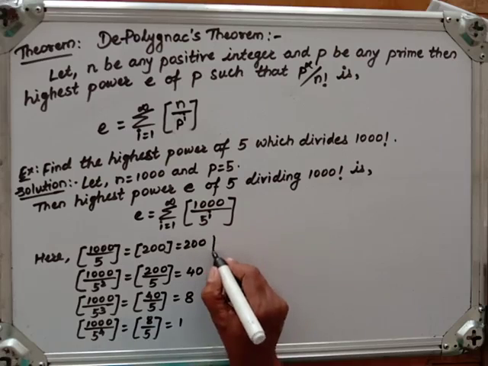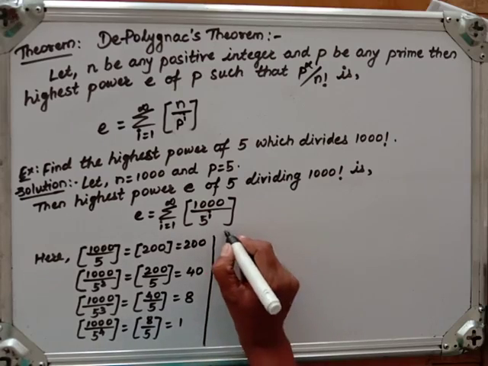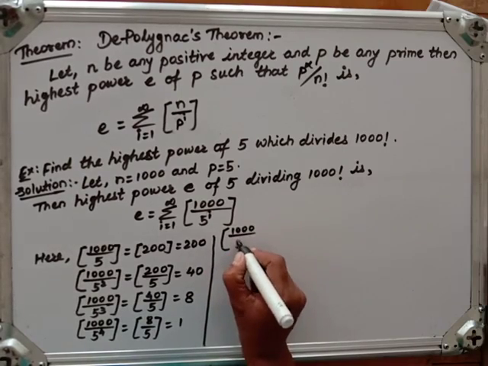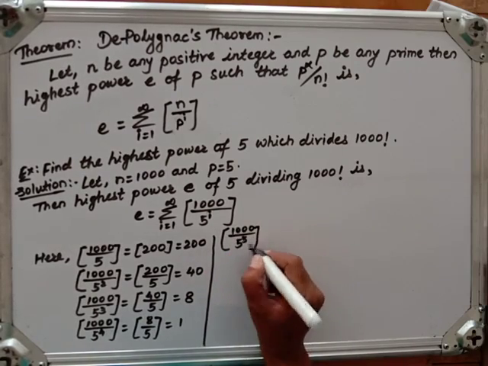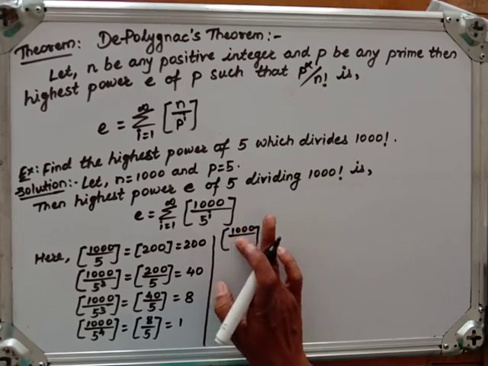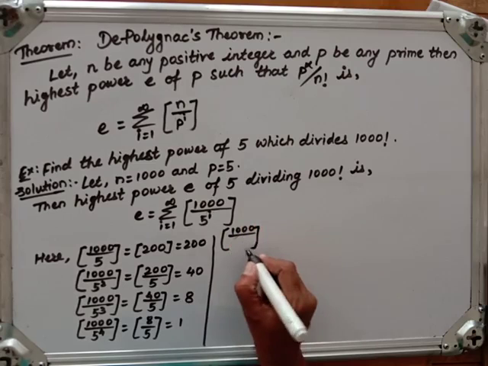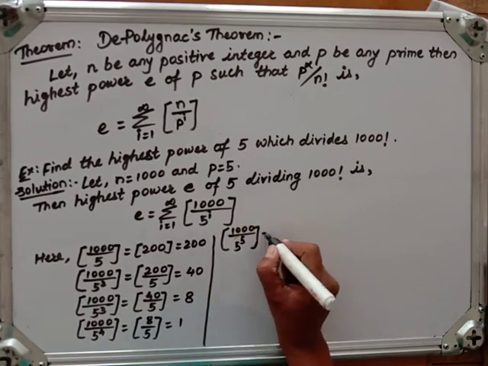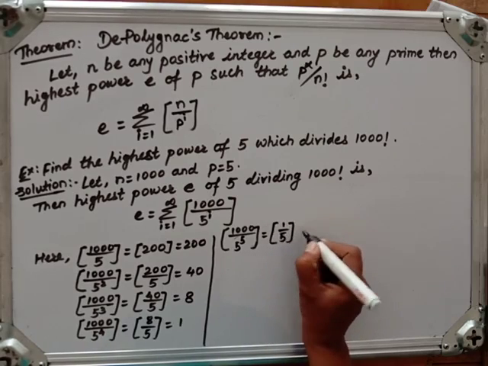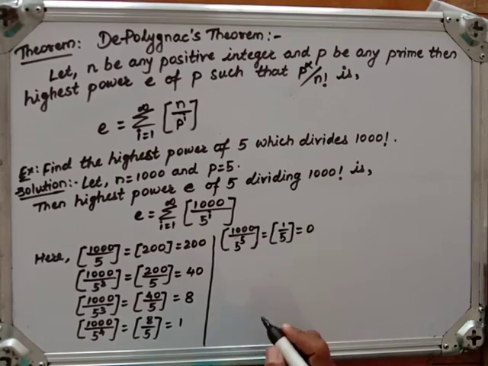Greatest integer function will be 1 here. Next, 1000 upon 5 raised to 5 is 1 upon 5, that is 0.